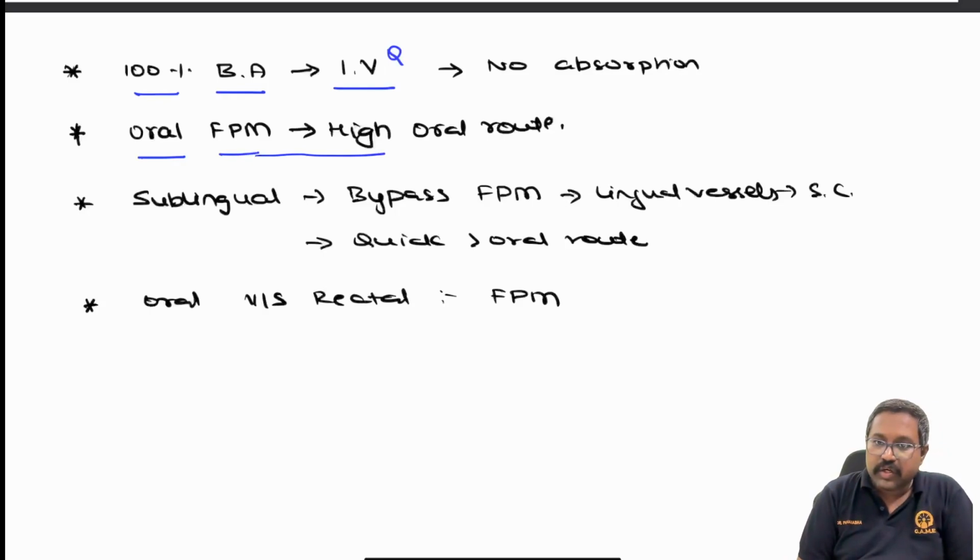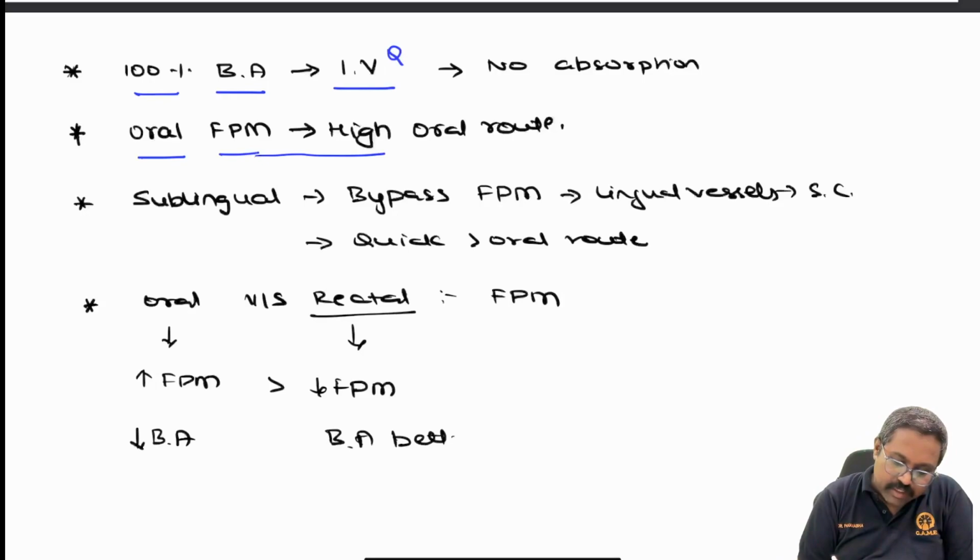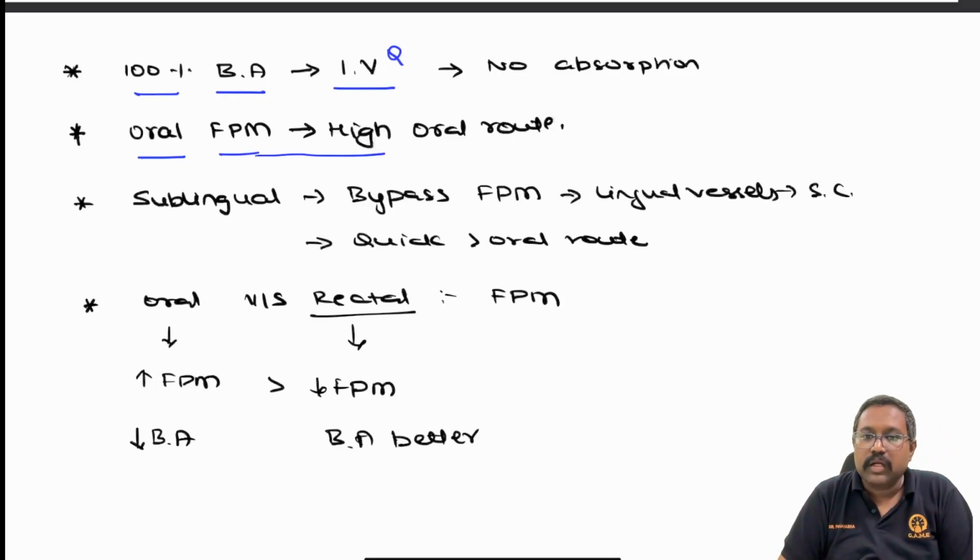So bioavailability will be decreased with the oral route, whereas with the rectal route the bioavailability will be better when compared to the oral route.